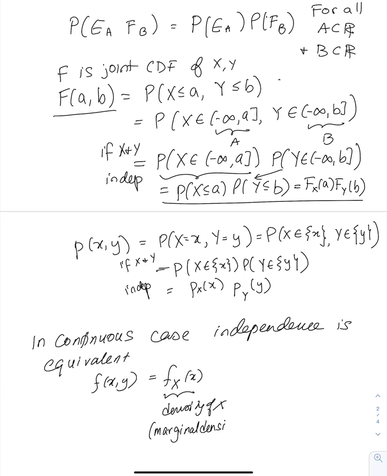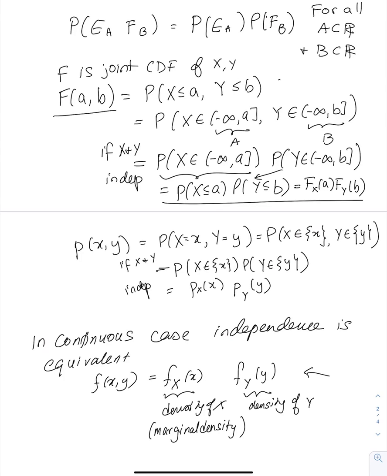The only reason they're using marginal is because of the presence of this joint density, and times f sub y of y, which is the density of y. Okay, so independence in the continuous case is the same as this.